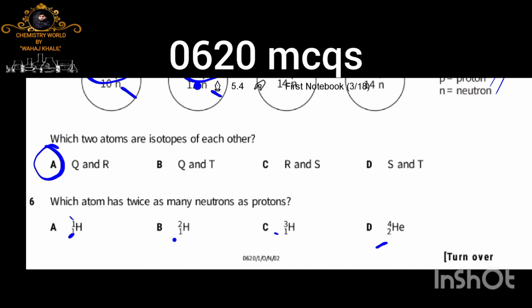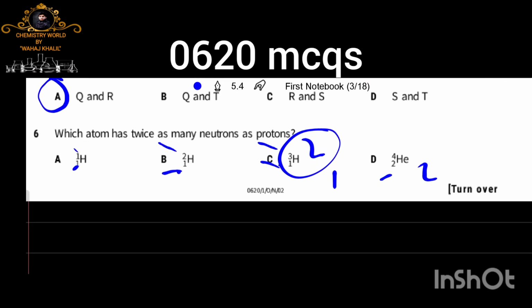So it contains one proton and one electron, and one neutron. Another contains one proton, one electron, and two neutrons. Another contains two protons, two electrons, and two neutrons. So the one with twice as many neutrons is the one with one proton and two neutrons. So we can say that it is option C.